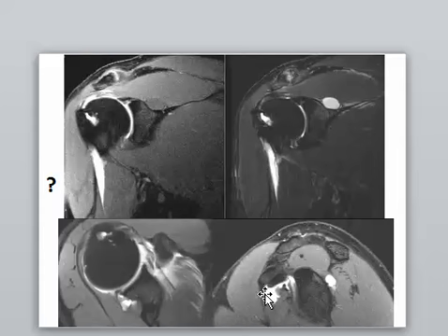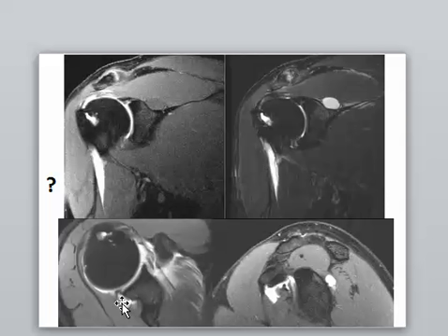And when we check the labrum, superiorly there is a break, there is a tear of the superior labrum in this one, and posteriorly there is another tear. This is anterior, this is posterior, there is another tear here.